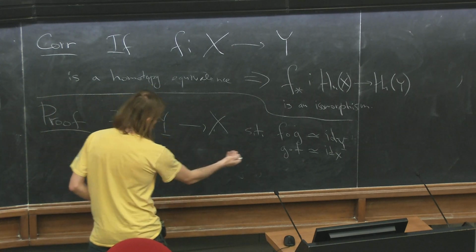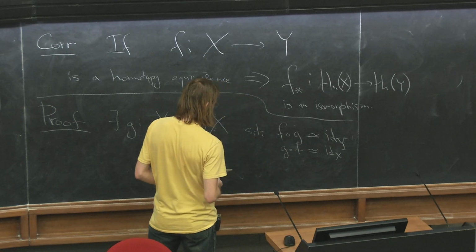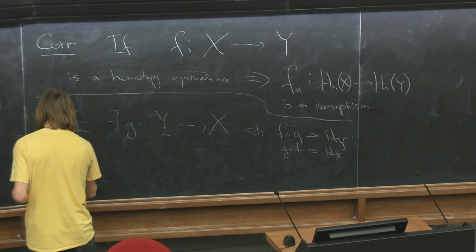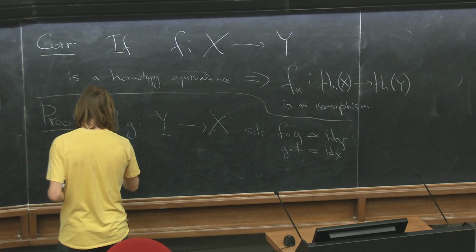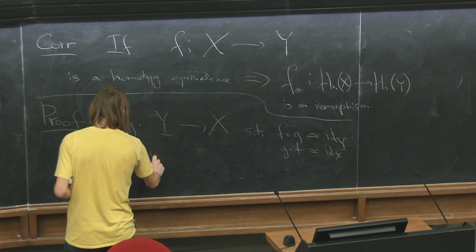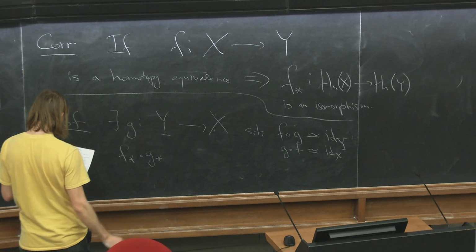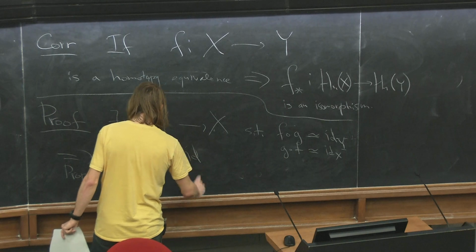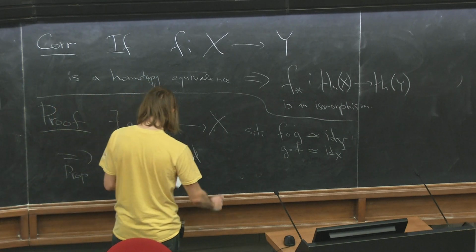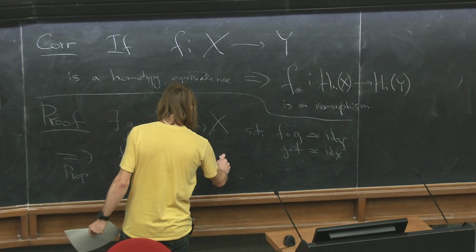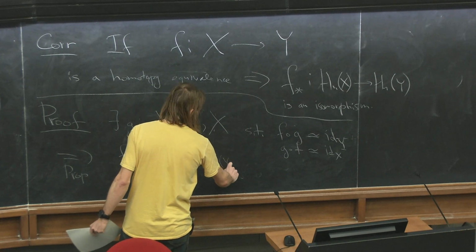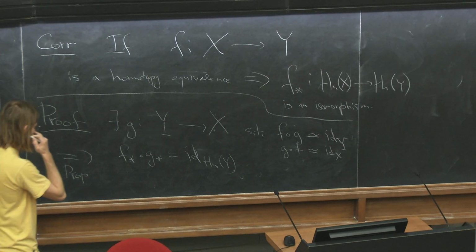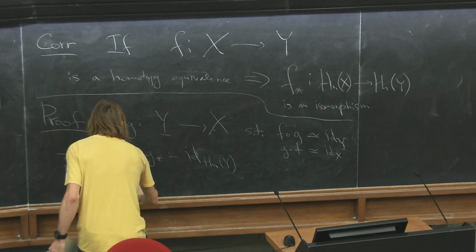For push forwards of both sides, we just get the identity, and using the properties of push forward with respect to composition, we get the following equalities of homomorphisms of homology groups.